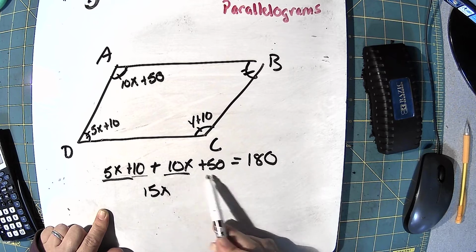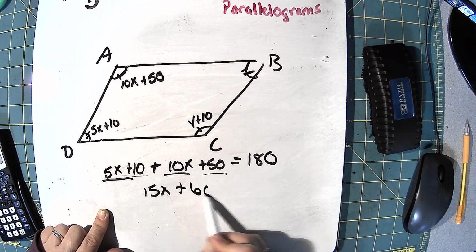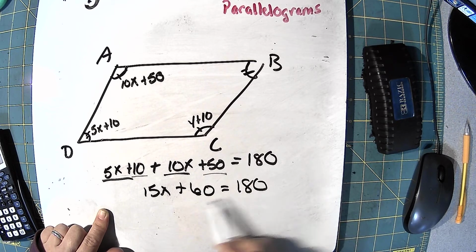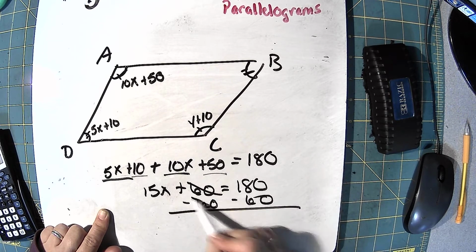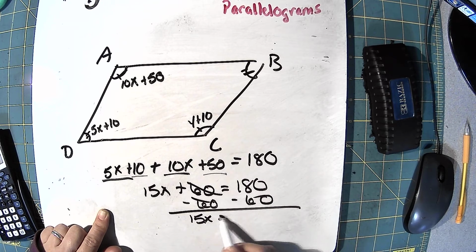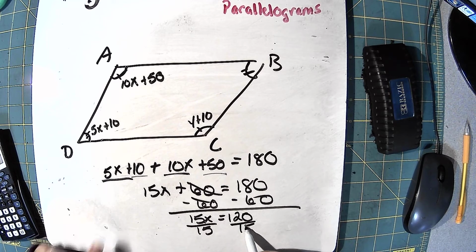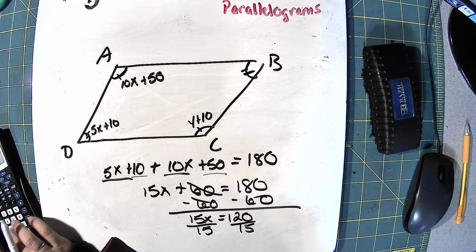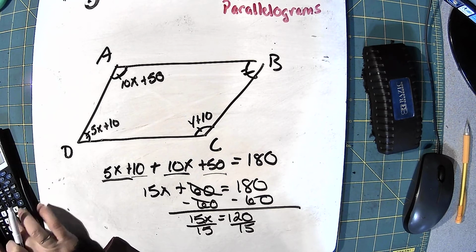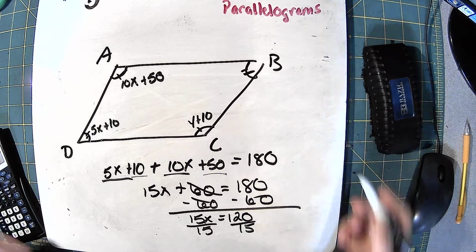And then I'm going to add my like terms here, plus 60 equals 180, and then I'm going to do minus 60, and I'm going to get 15x equals 120, and then I'm going to divide by 15, and x equals 8.